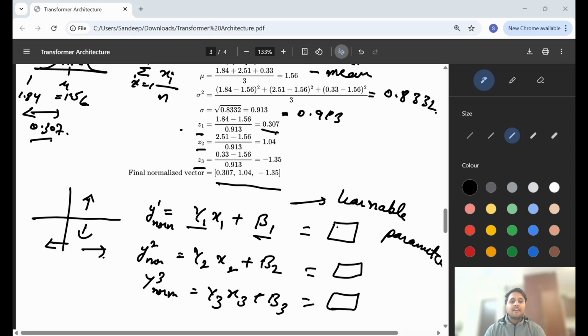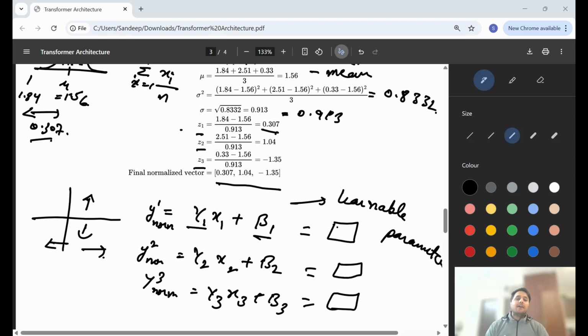That is why GPT, BERT, T5, Llama, and all major models use LayerNorm. Where is LayerNorm used inside the transformer? After self-attention, before residual connections, we use layer normalization. Sometimes it is pre-layer normalization and sometimes post-normalization.